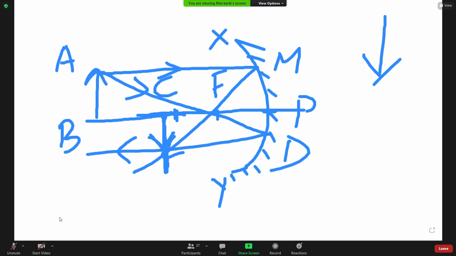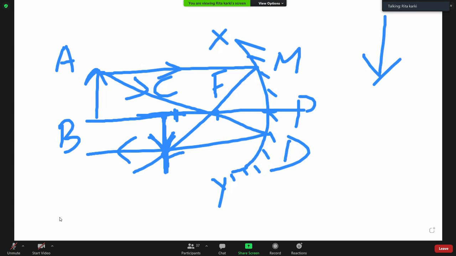Besides this, when the object is kept at infinity, sorry. So, when the object is kept at infinity, there is no such position where the object is present. We do not see the objects beyond the center of curvature or beyond certain places.